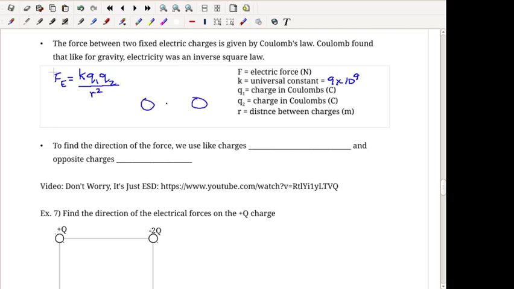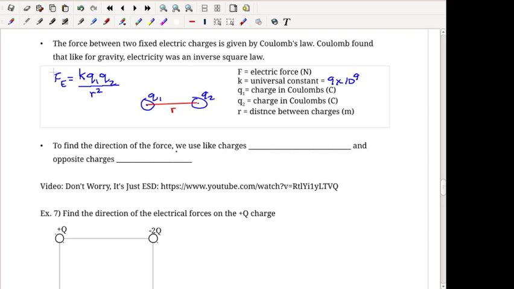So if I have 2 charges, here's the center of one charge, here's the center of the other charge. R is going to be the distance between their centers. There's my R. So I'll say this is Q1, this one has Q2, and they have a force between them. Depending on if the charges are the same, depends on whether they're attracted to each other or repelled from each other.